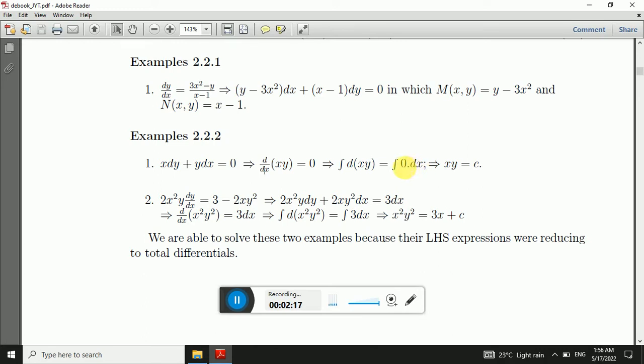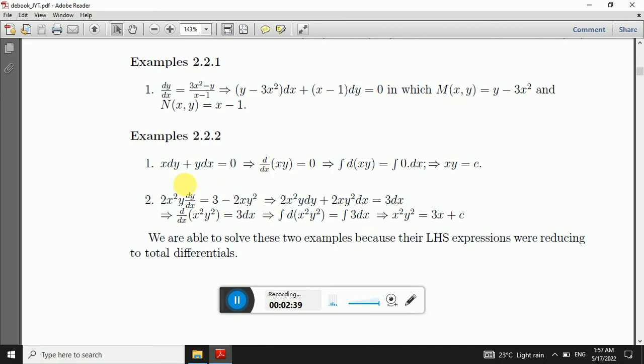That means you have 0 times x to power 0, so when you add 1 to the power and divide by the new power, since you have 0 here, everything will be 0, so you shall only remain with a constant on the right hand side. So we end up with xy equaling to c.